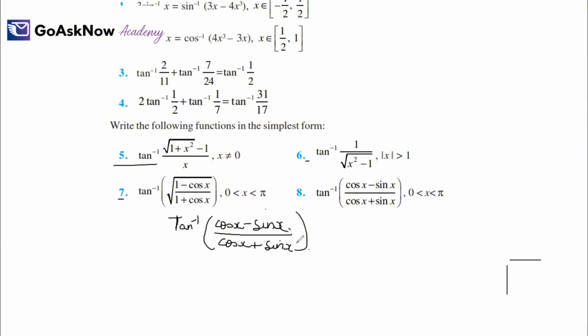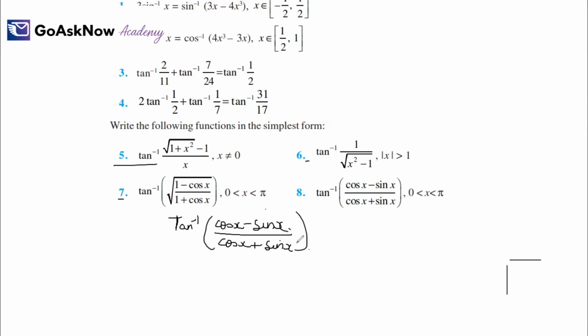If you see here, what can you infer from this? How can you solve this question if you have to simplify it?